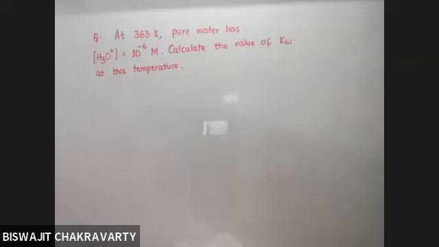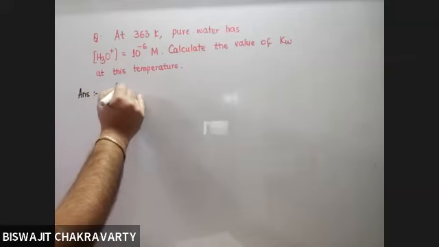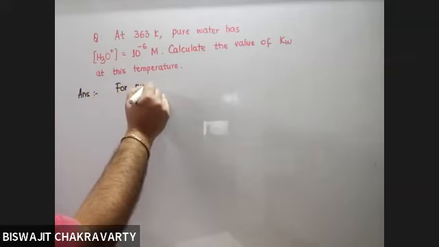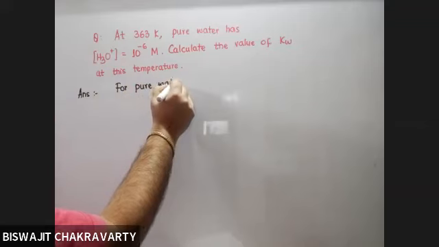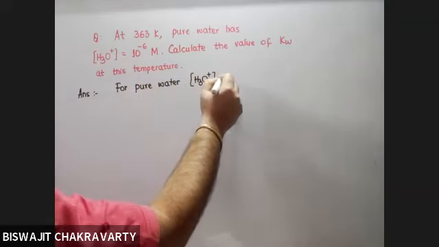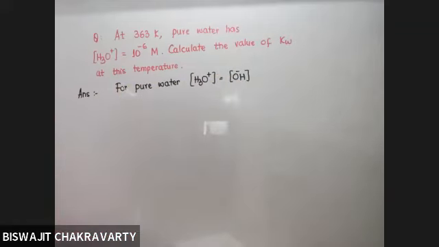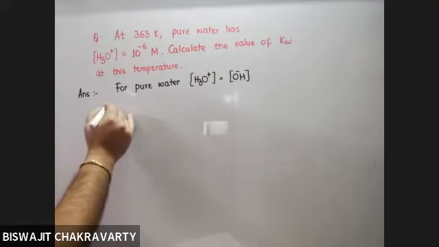But here the temperature is changed, and because it's pure water, we can write for pure water, third bracket H3O plus is equal to third bracket OH minus. It is always applicable, no matter whatever be the temperature.